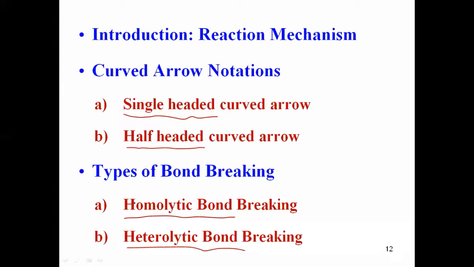Then second, heterolytic bond breaking: the unsymmetrical breaking of covalent bond in which one of the species acquires both the electrons from the shared pair is called heterolytic bond breaking. And here again we have studied with example and some characteristic points of heterolytic bond fission. Okay, actually this is the concept which we have already studied in last lecture. We have studied two important concepts, curved arrow notation and types of bond breaking.